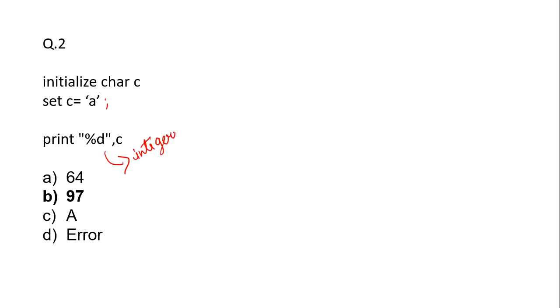You must be wondering that here we have the character A, so what to print in integer? You must know that small a has a 97 value associated with it, which is the ASCII value of small a. What is the ASCII value of capital A? 65, right? So the correct answer here is going to be option B.